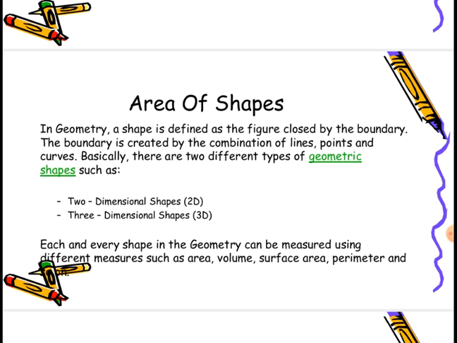And yung 3D naman, aside from meron siyang length, meron siyang width, at saka meron siyang depth. So, meron siyang height. Each and every shape in geometry can be measured using different measures such as the area, the volume, the surface area, the perimeter, and so on.